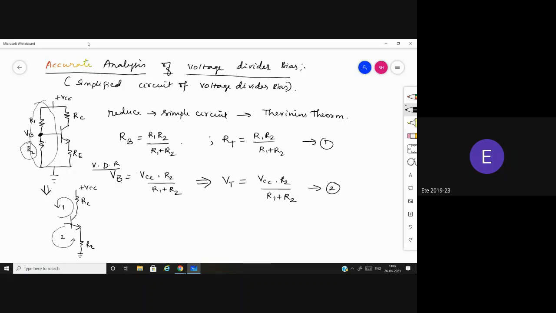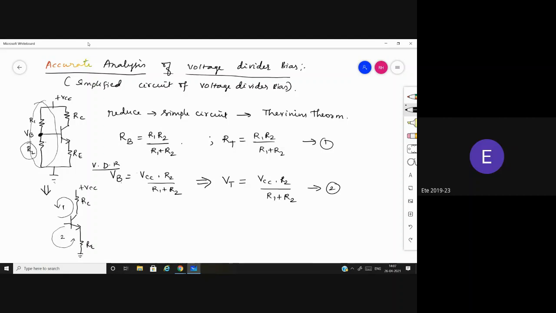We need to write the input circuit across loop 2, because we have come to know that the effective voltage, or the voltage across the input side at the base side, is mainly dependent upon the resistance R2, which is connected between the base and the ground.